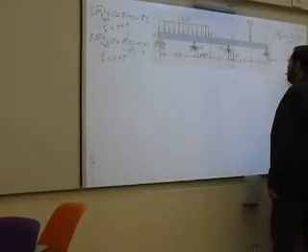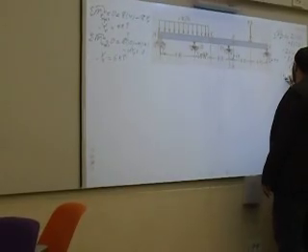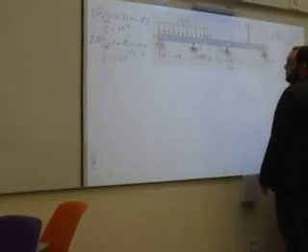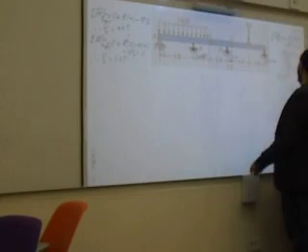After that, sigma FY equals 0. Equals: I have YA plus 15 plus 6 plus 4 minus 8 minus 2 times 12.